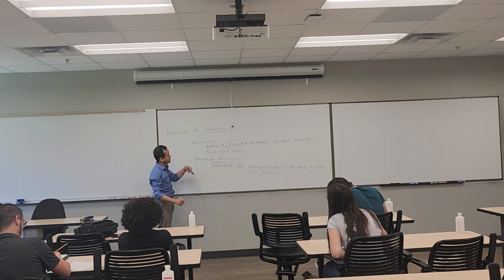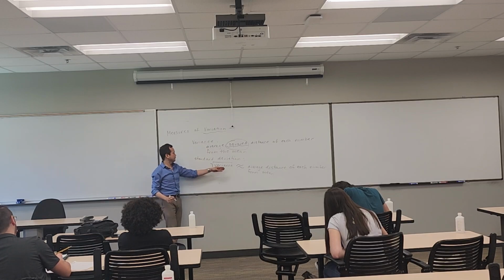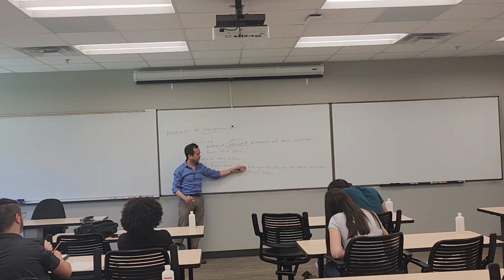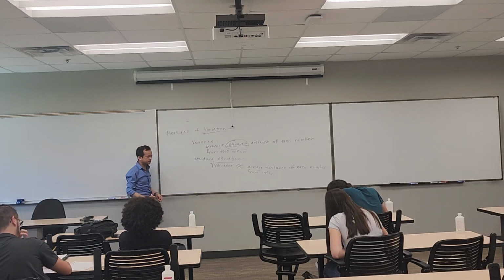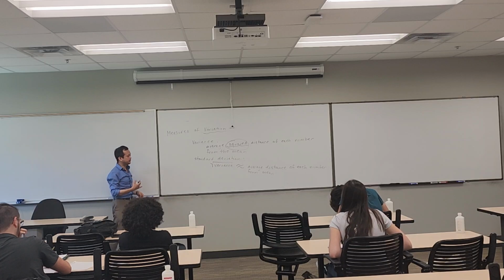So the variance is exactly the average squared distance of each number from the mean, and the standard deviation, being the square root of the variance, is approximately the average distance of each number from the mean. All right, so that's what we talked about last time.